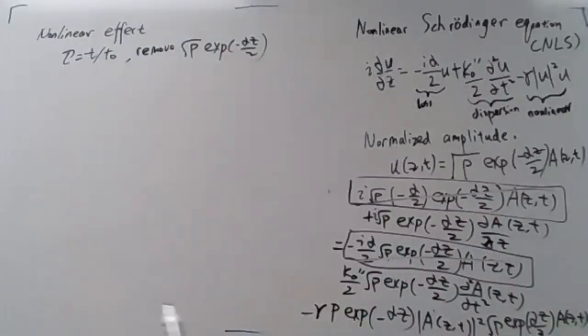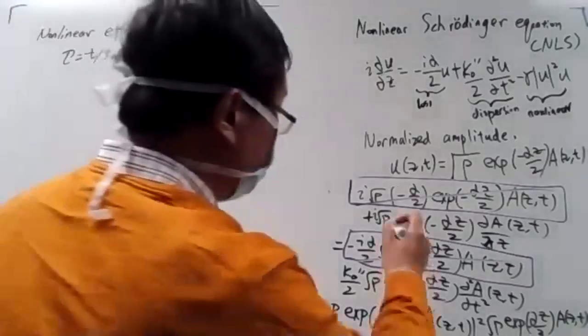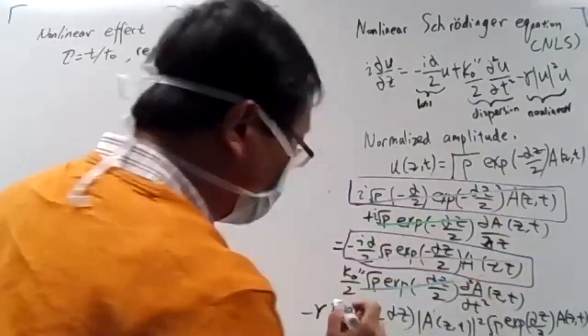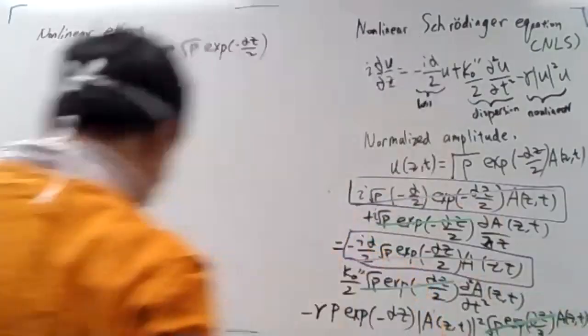So now, for example, let me write it. This exponential is gone, this is gone, this is gone.